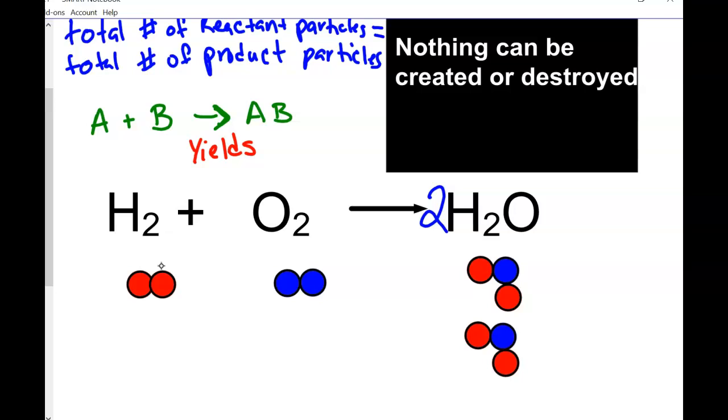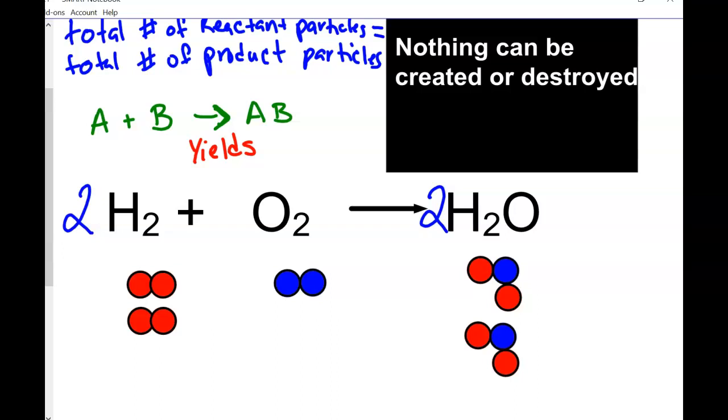What could you multiply by? All right, you got it. You could multiply by 2. So it will say 2H2 plus O2 yields 2H2O. And now we're balanced because we have 4 atoms of hydrogen on the left side and 4 atoms of hydrogen on the right side. And we also have 2 atoms of oxygen and 2 atoms of oxygen.